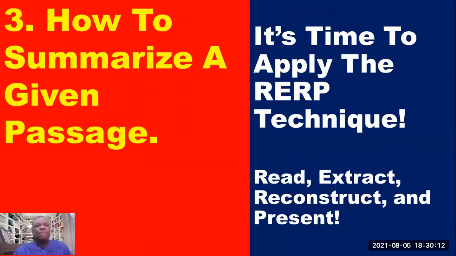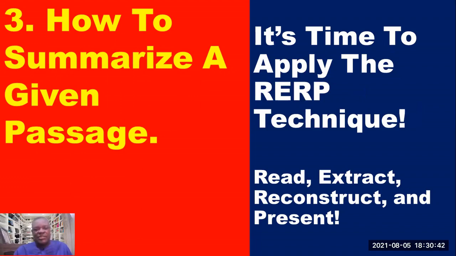All right, so now let's look at the third point in our agenda, which is how to summarize a given passage. Now it's time to apply the REP technique. You know, this is just how to summarize a given passage. Apply the REP technique, and I will explain to you. It's so simple, it's so easy when you understand this, all right?